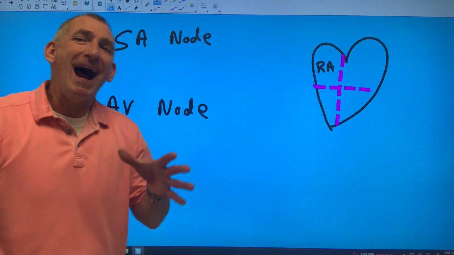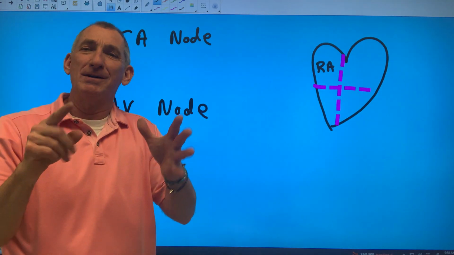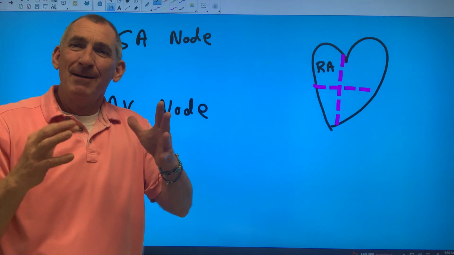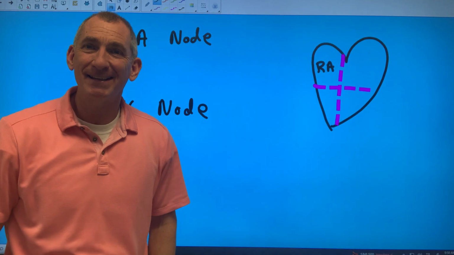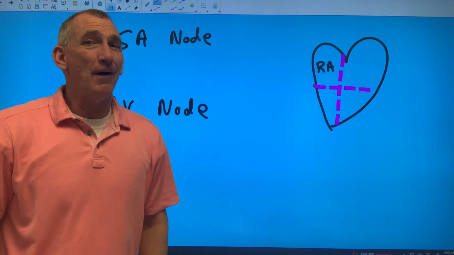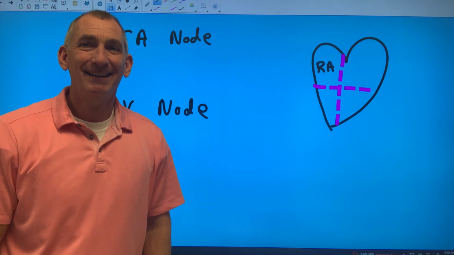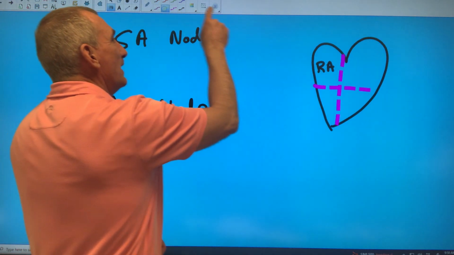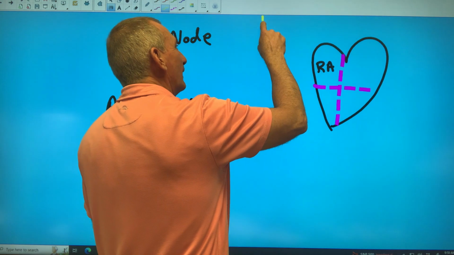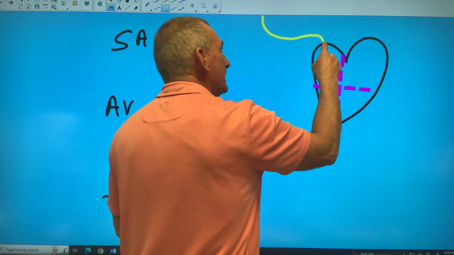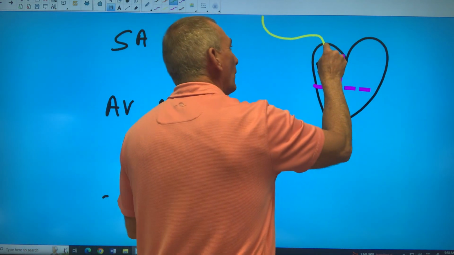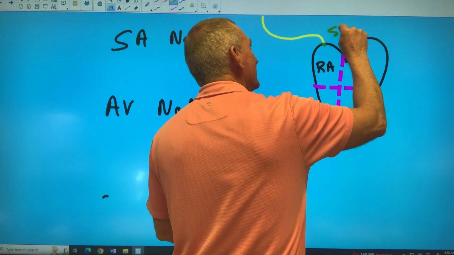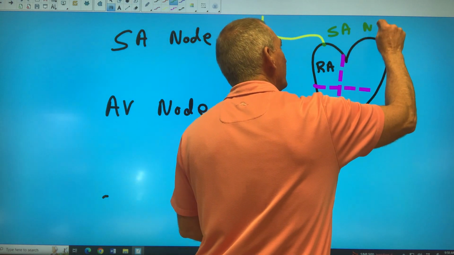See, we just talked about how blood goes through your heart and the structures involved, but how does your heart actually beat? Well, it all starts off with the medulla oblongata. There's a nerve that goes from the medulla oblongata right here. And right there is the SA node.